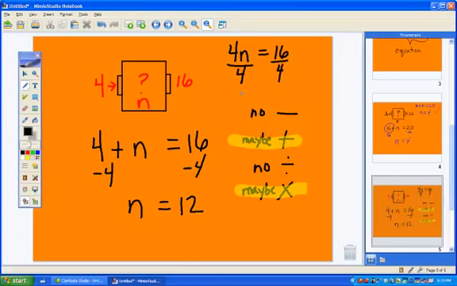So 4 divided by 4 is going to just leave n on this side, and 16 divided by 4 is going to equal 4. So if I say 4 times 4, it does equal 16. So this had 2 possible solutions to the problem. Neither one of them is more right than the other. It's just, can you use your reasoning skills to figure out which operation to use first of all, and second of all, can you successfully solve the equation?